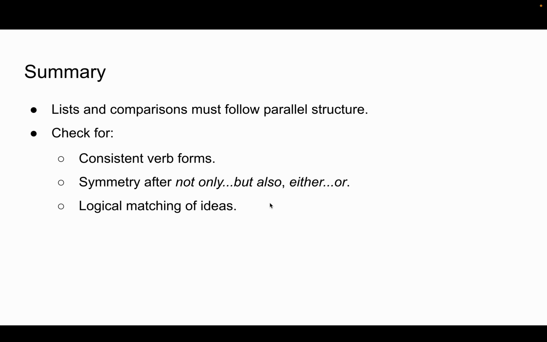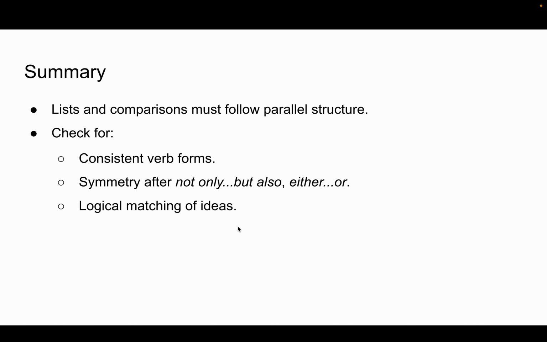Right? And so, in summary, this idea of parallel construction is the idea that if you have lists and if you have comparisons, they should be following the parallel structure. And the way to ensure that is by checking for consistent verb forms and checking for symmetry after words like not only and then but also, or this either or part.